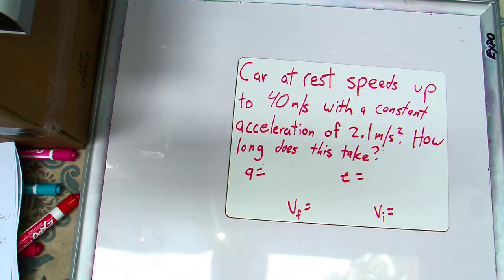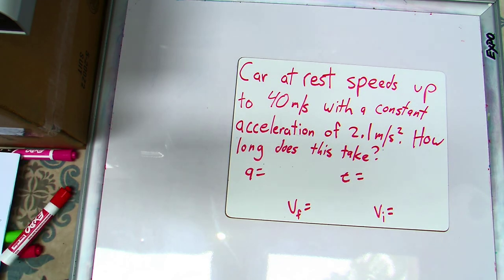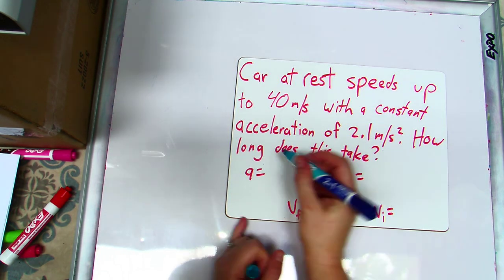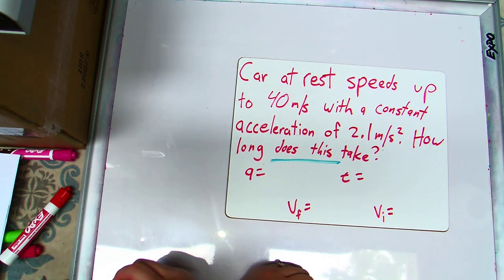So car at rest speeds up to 40 meters per second with a constant acceleration of 2.1 meters per second squared. How long does this take? All right, so what do we know? We want to know how long it takes. So that's going to be our time.